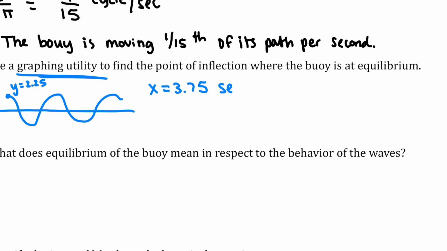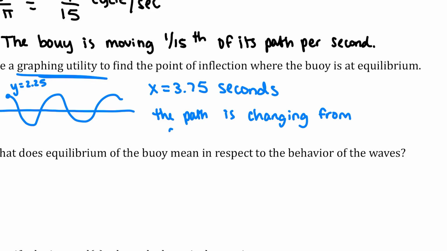So the buoy reaches equilibrium at 3.75 seconds. And that's because the path is changing from concave up to down. All right.